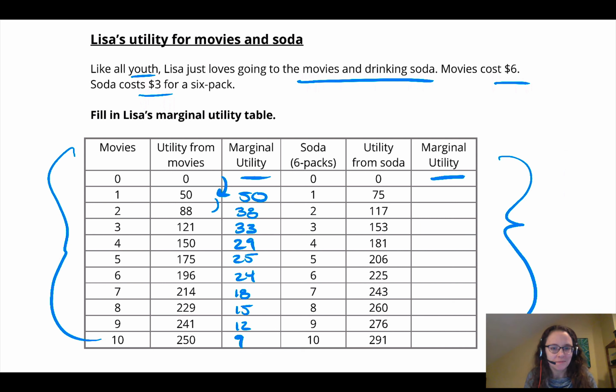And how about soda? Let's see if we can do this one in our heads. 75. And then going up to 117 is going to be a big drop. We're only looking at 42. Then 117, we're going to be looking at 36. Then we're going to be doing 28. And then we're going to be doing 25.